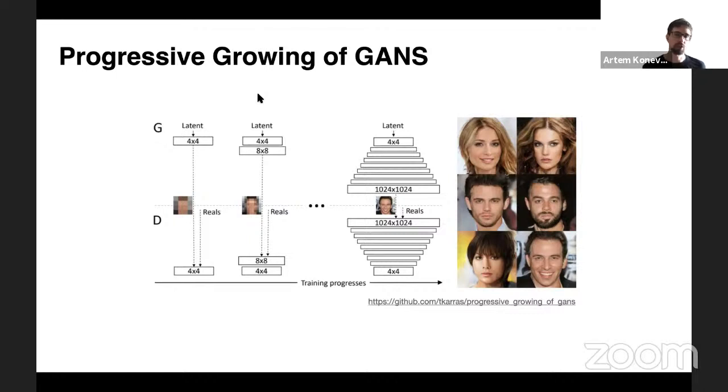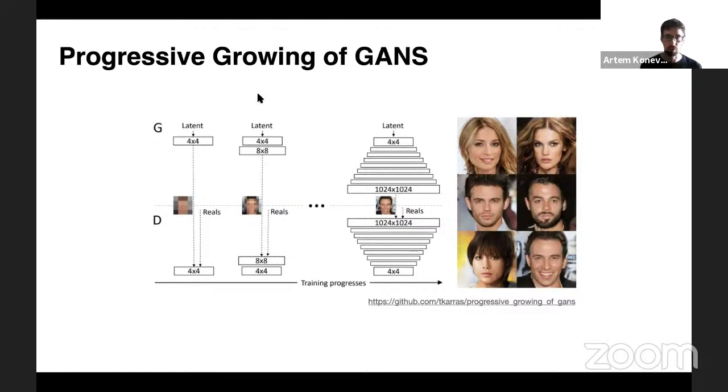Each pair is trained to generate images of different sizes. It takes the initial dataset, then converts it into 4 by 4 pixels, 8 by 8 pixels, and so on, up to 1024 by 1024.